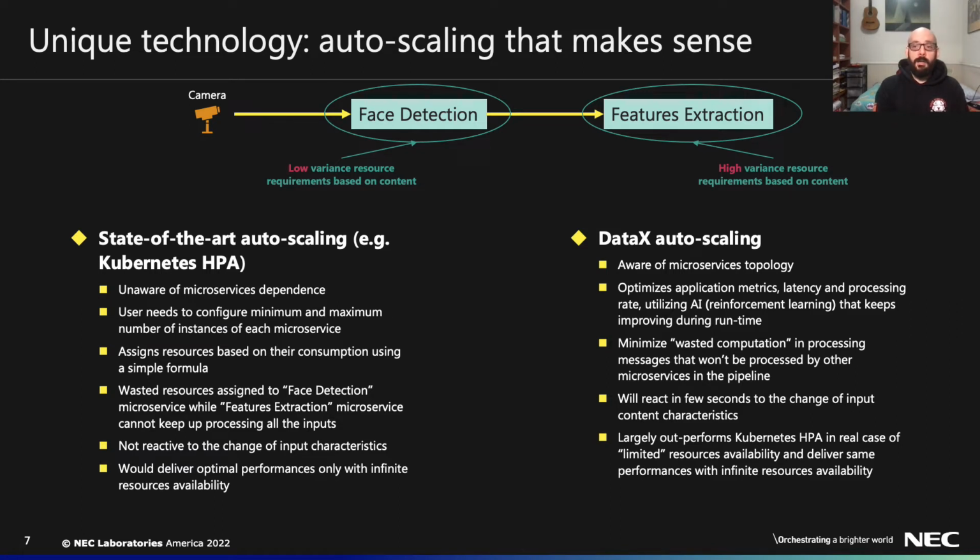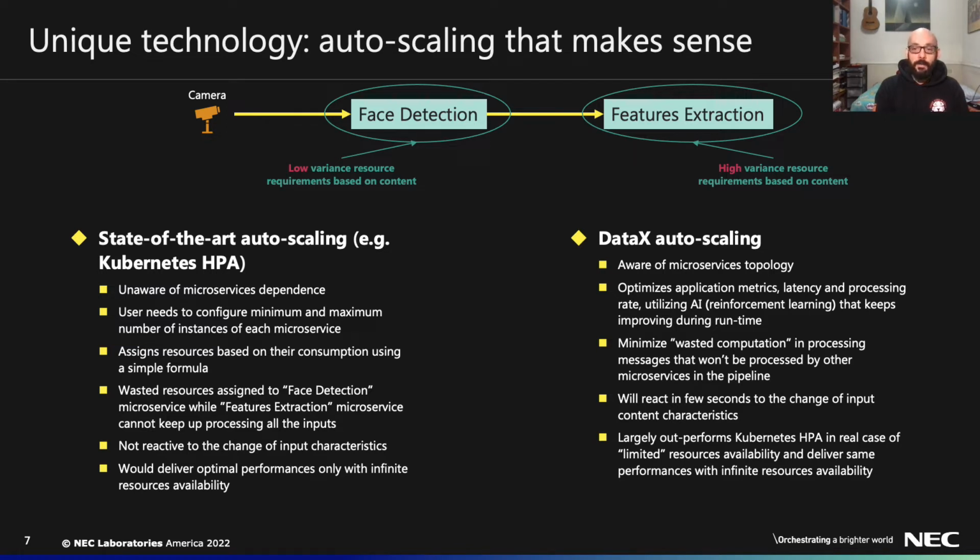Using state-of-the-art autoscaling won't be efficient. In fact, state-of-the-art autoscaling, such as Kubernetes HPA, is unaware of microservice dependencies. And the user still needs to provide information such as the minimum and maximum number of instances to run.